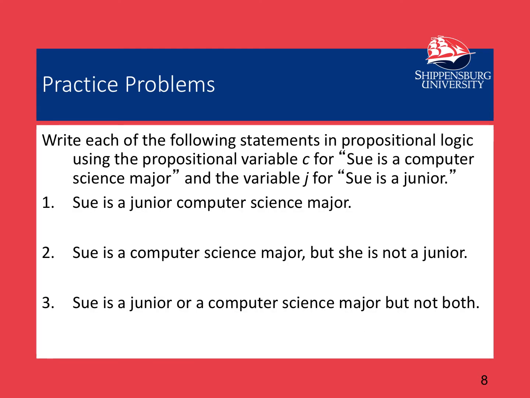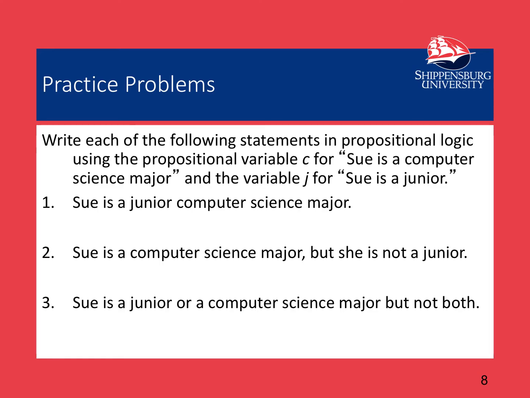So what other kinds of statements can we represent using propositional logic? Well, there are lots of statements we can represent using propositional logic. And so part of what we do in this section is to practice going back and forth between the propositional representation of sentences and their English representation.